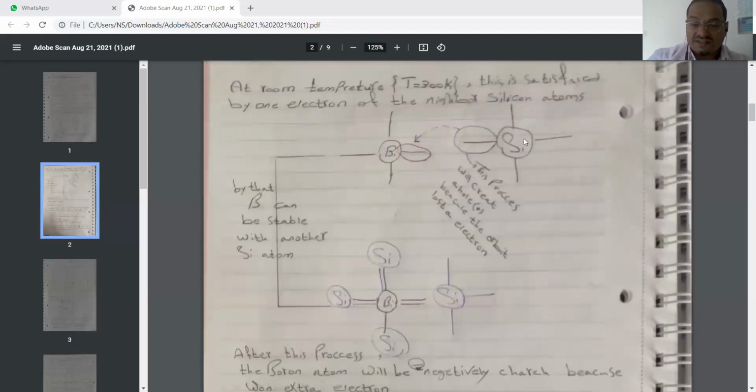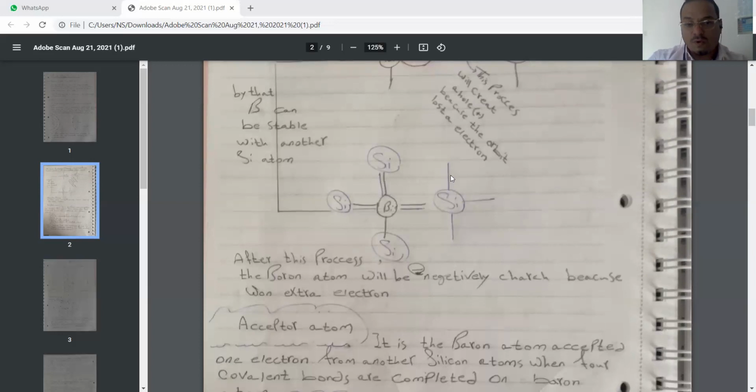Here, the silicon will miss this leg, this electron. We will denote this electron as a donor electron, sent to its neighbor, boron. After this process, the boron atom will be negative. Why?